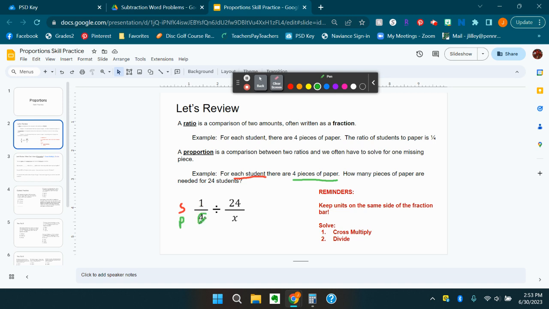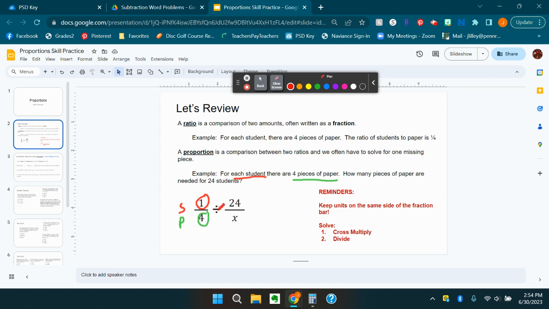Do you see how we've done that here? I have paper on the bottom and I have the number of students on the top. That comes from the first sentence of the problem. I don't even need to read the second sentence. I can write this fraction as it is.